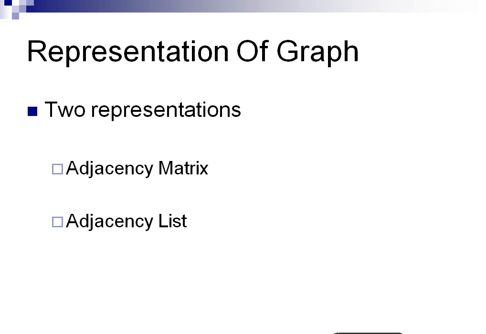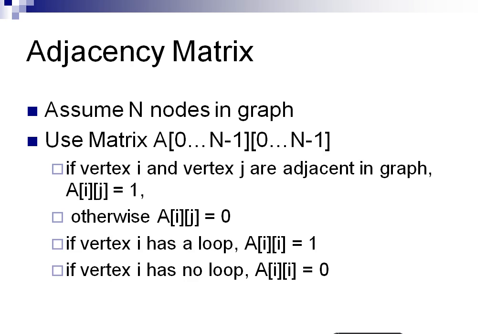Now there are two types of representation of graphs. We can represent graph using adjacency matrix or adjacency list. We'll see it one by one. Adjacency matrix assumes n nodes in a graph. Now we are trying to generalize it using some notations here like n, m.